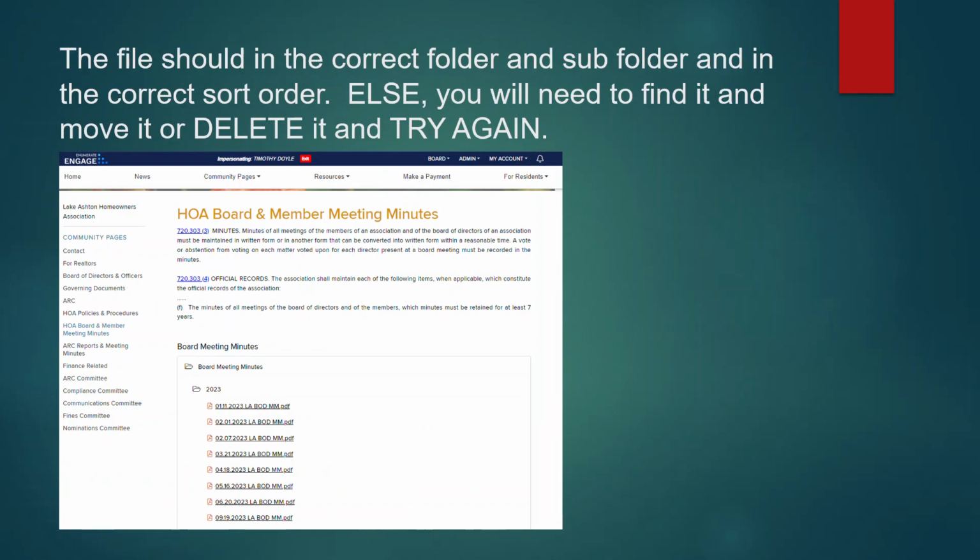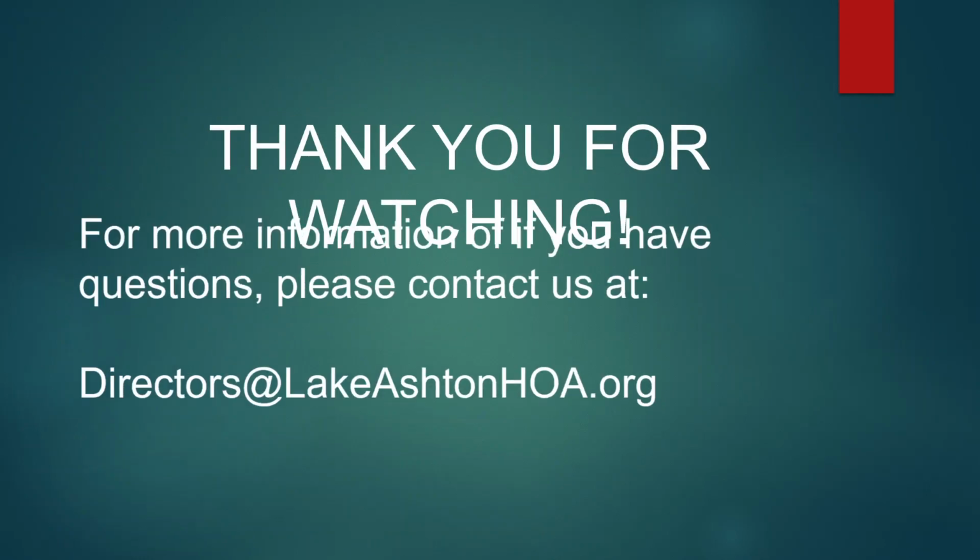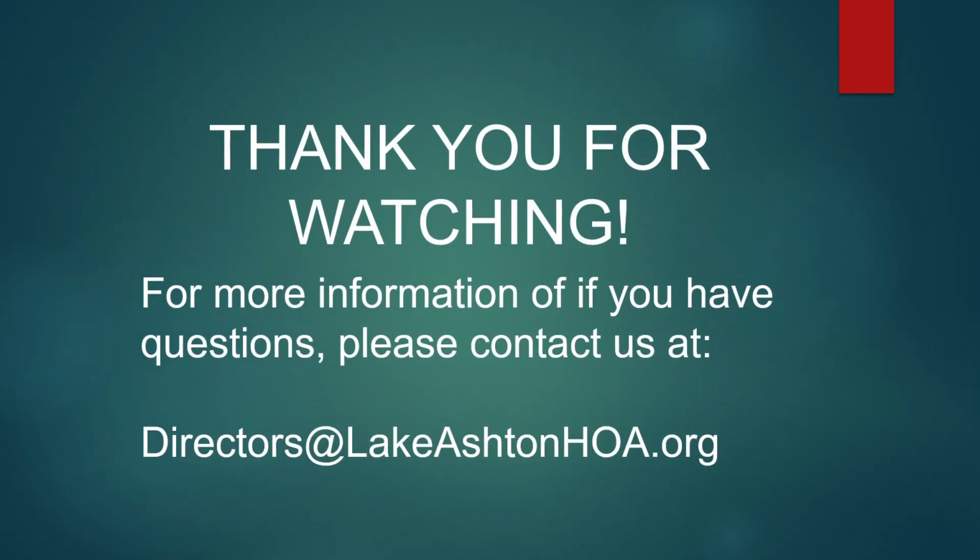And we go ahead and go over here, and you're going to see that I go to the board meeting minutes folder, the 2023 subfolder, and then you can look to see if the file that you uploaded went where you want it to go. That's it. It's pretty simple, and hopefully you find it very, very simple to do.